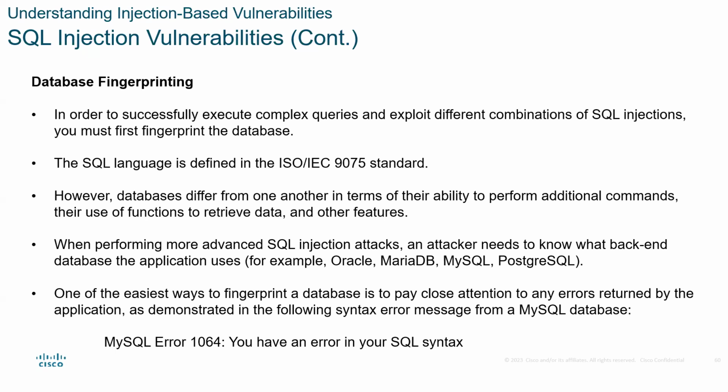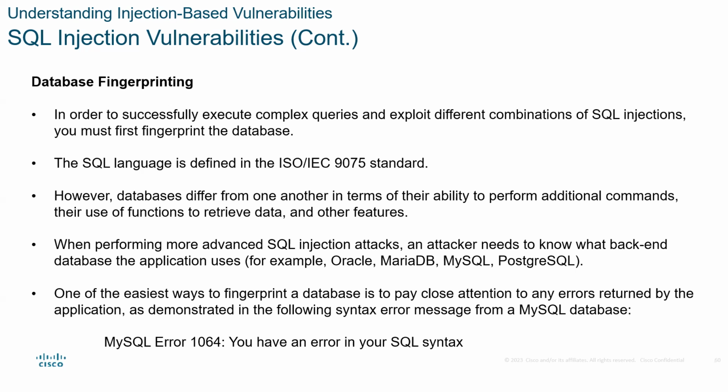The SQL language is defined in an ISO document, the ISO/IEC 9075 standard. Databases differ from one another in their ability to perform additional commands, their use of functions to retrieve data, and quite a number of features. But this is the standard. So when performing an advanced SQL injection attack, an attacker needs to know what is happening at the database, which is not in front, it is at the back end.